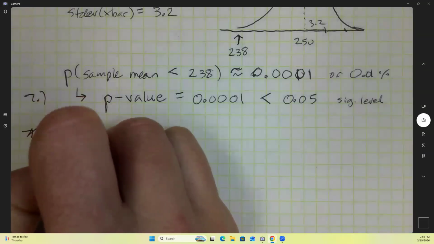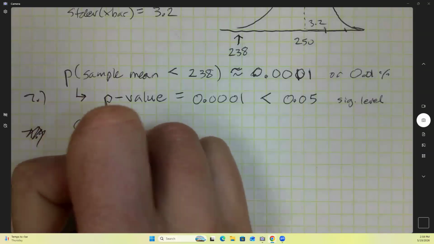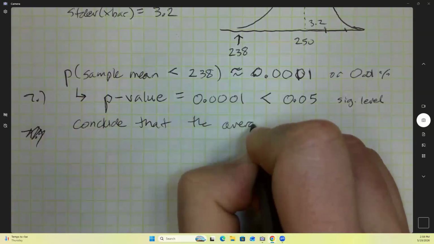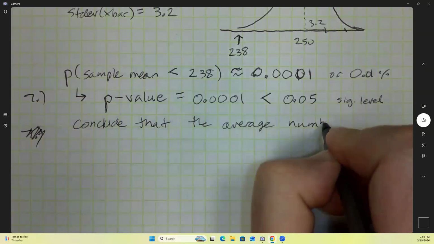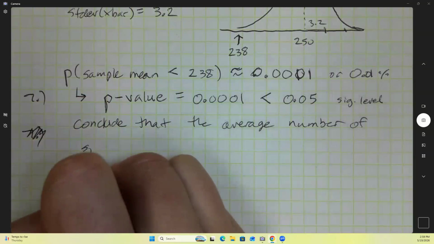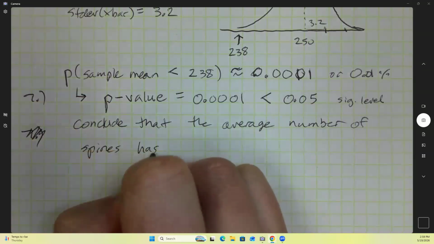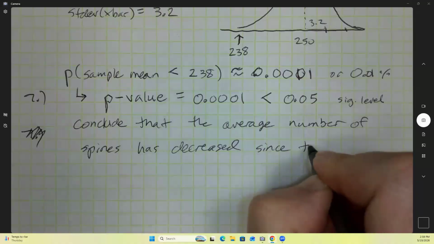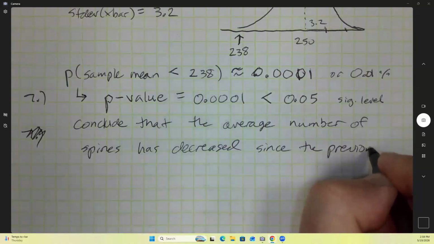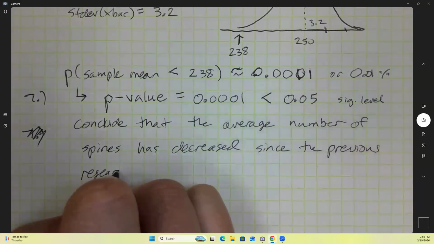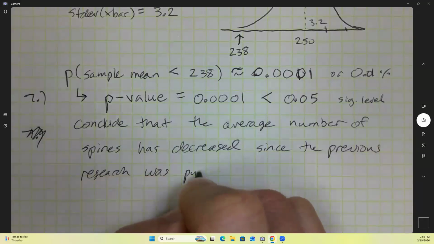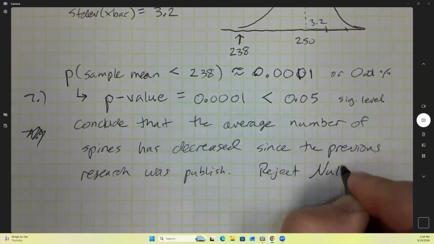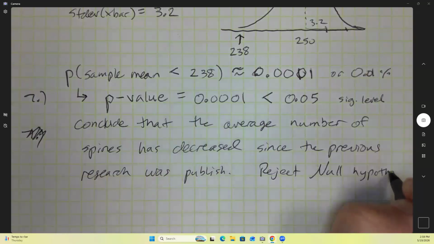So we conclude that the average number of spines has decreased since the previous research was published, i.e., we reject the null hypothesis.